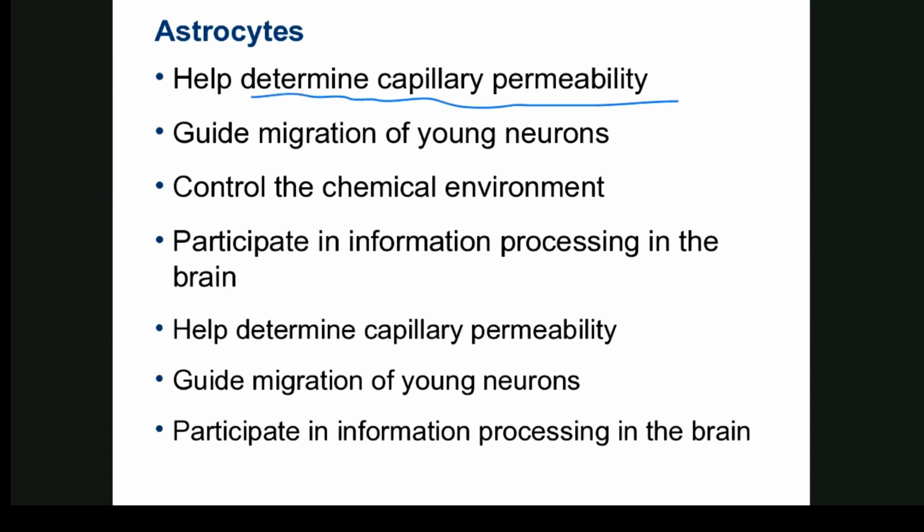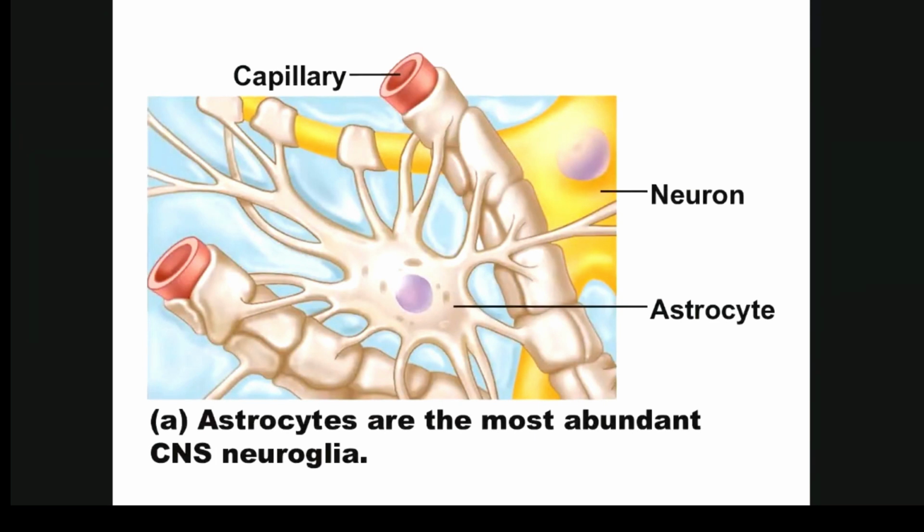Growth, migration of young neurons, control the chemical environment, and possibly participate in information processing. That's kind of debatable. This is a picture of the astrocyte right here, and it's holding this capillary up against the neuron here, as you see.